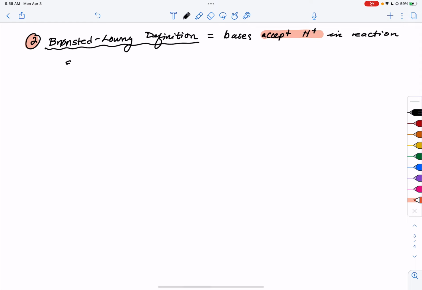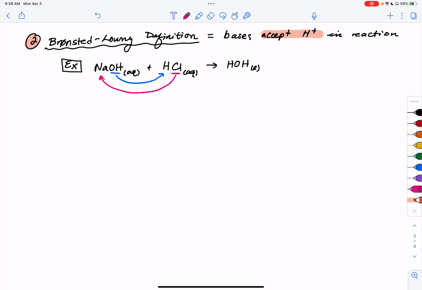So if we look back at our reaction of, I believe we had sodium hydroxide and hydrochloric acid, we found that this makes liquid water, which I'm writing as HOH. This is from our double displacement, where we had the OH and the H, and the Cl and the Na doing our double displacement, forming HOH and aqueous NaCl.